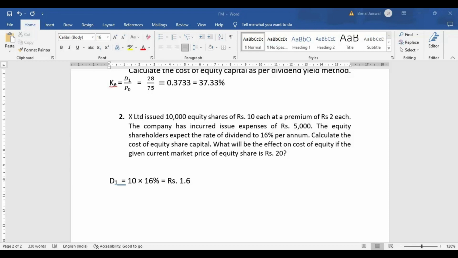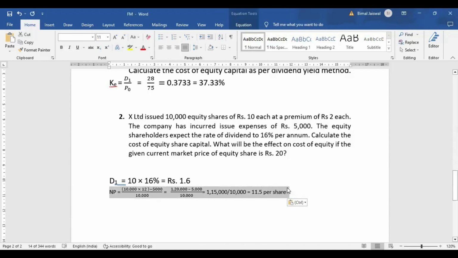So we can calculate the cost of issue minus the expenses divided by the number of shares. If you do this, you can find the P0 per share in this way.